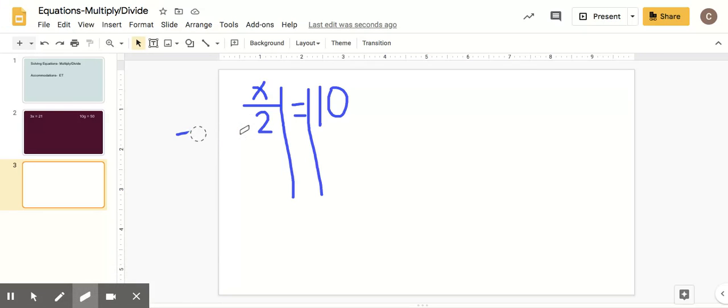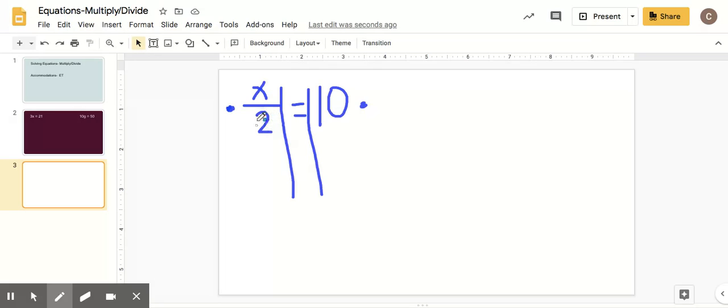I'm going to erase that though. What operation are they doing? Remember that division is represented by the fraction bar, so x and 2 are dividing. And so the inverse operation of division is to multiply. So we're going to go ahead and add 2 multiplication dots on either side because we're going to multiply on both sides. And just like all the other steps, we're going to multiply by the friend.